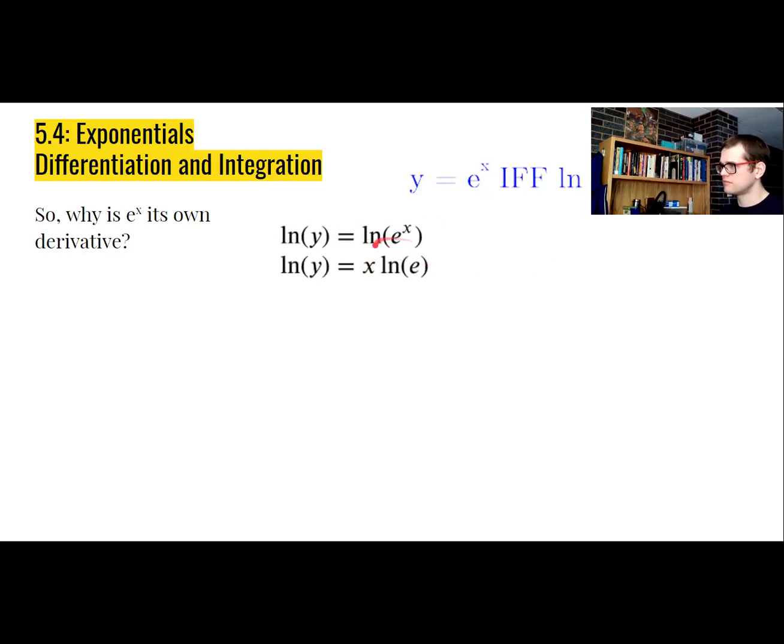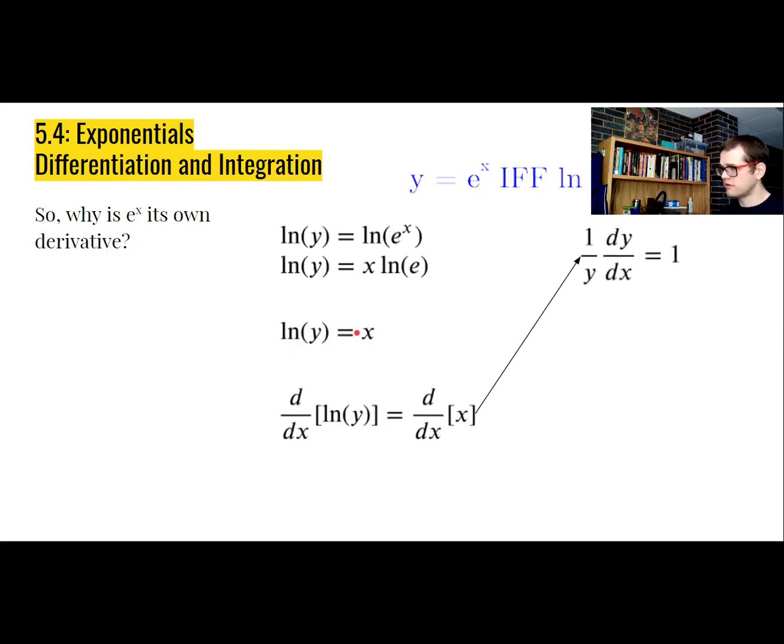So it's still that. Now, fun fact, we defined natural log of e to be equal to 1. So I just get natural log of y equals x. Hey, I know the derivative of x. I know the derivative of natural log of y. Let's take the derivative of both sides and see what we get.